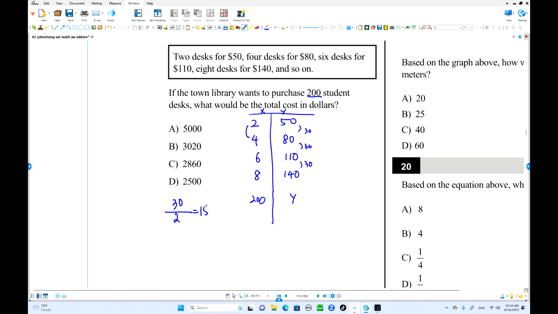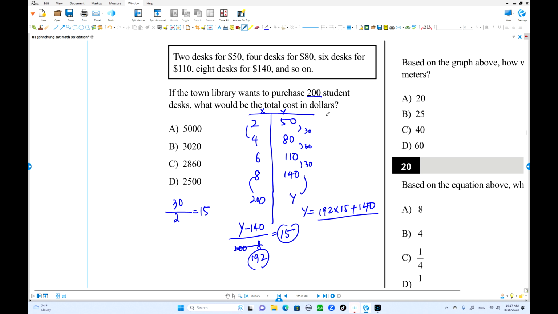Slope is 15. Now I'm going to use this slope. y minus 140 equals 15 times 200 minus 8. This is 192, right? So y equals 192 times 15, plus 140.